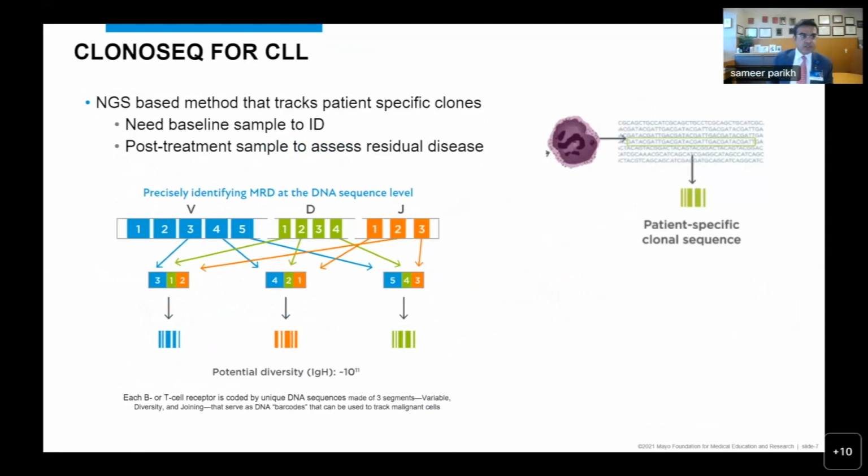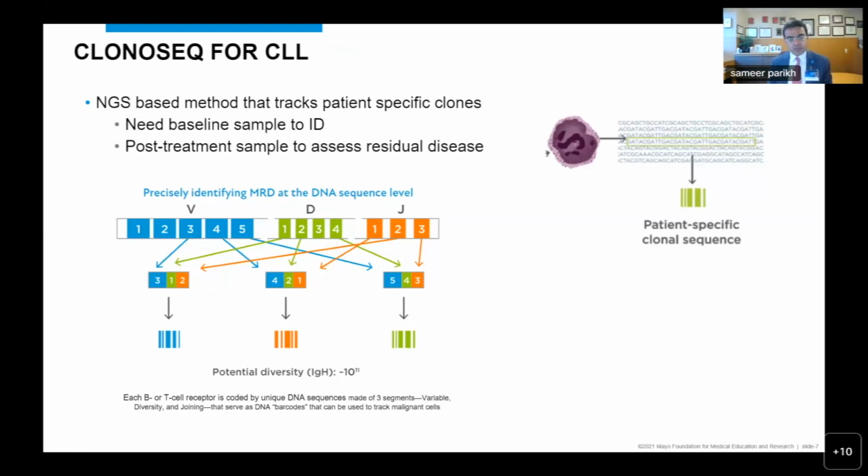This is a next-generation sequencing-based method that tracks patient-specific clones. It is important to understand that each B cell goes through homologous recombination with VDJ sequences, and each B cell has a specific sequence of V, D, and J genes that are combined to make a barcode for every B cell.